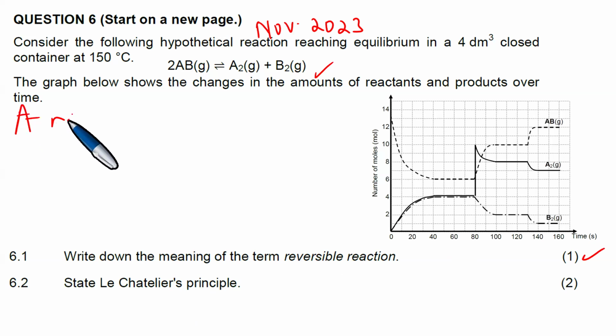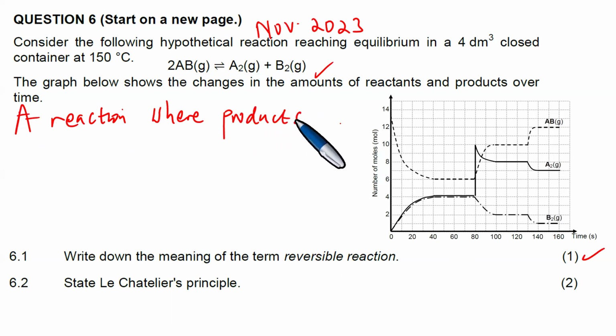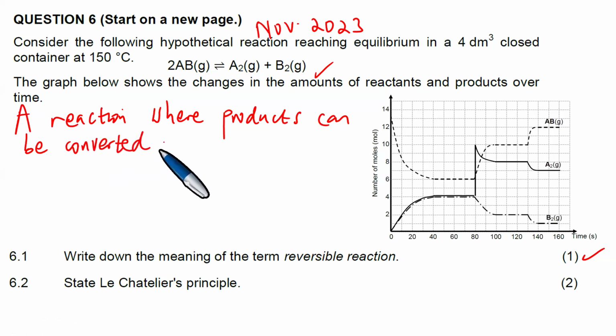A reaction where products can be converted back to reactants and vice versa.